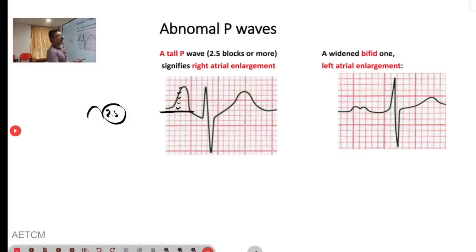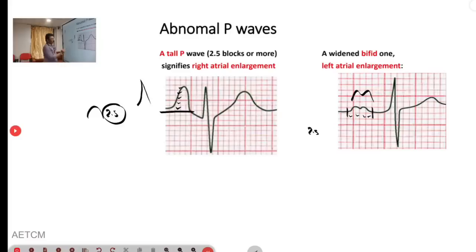Whereas here the width is maximum 2.5. Here the width is 1, 2, 3, 4, and we are getting a notch in the P wave. This is a very peaked P wave. So a peaked or tall P wave of more than 2.5 divisions is called P pulmonale.